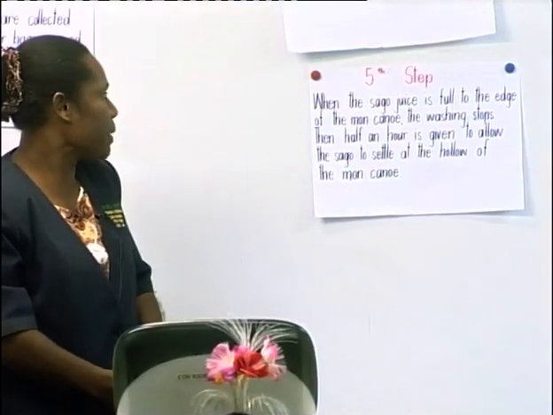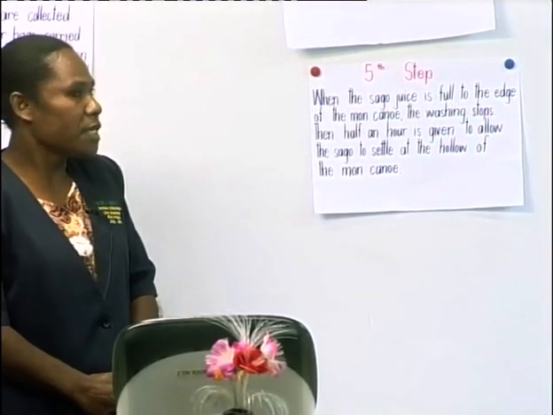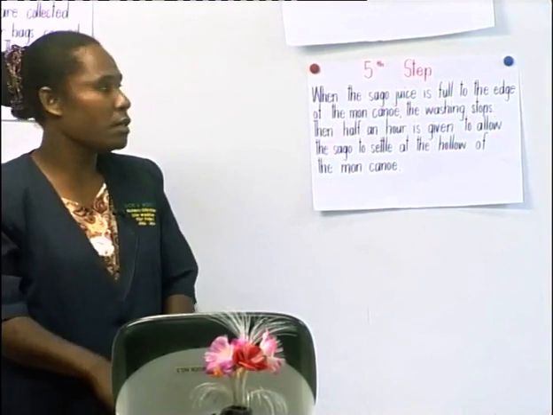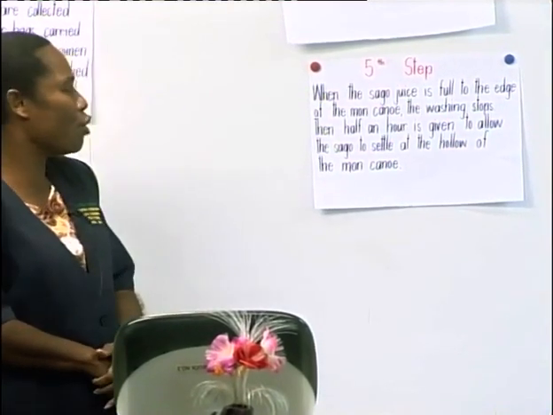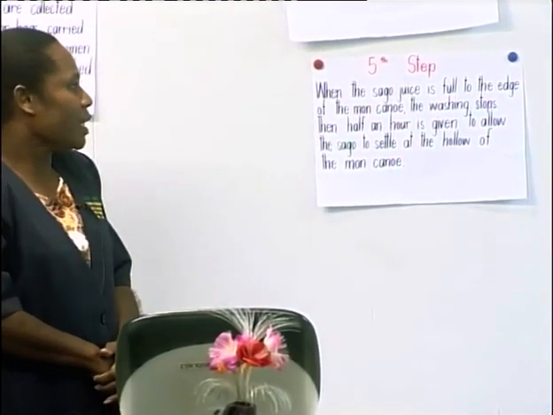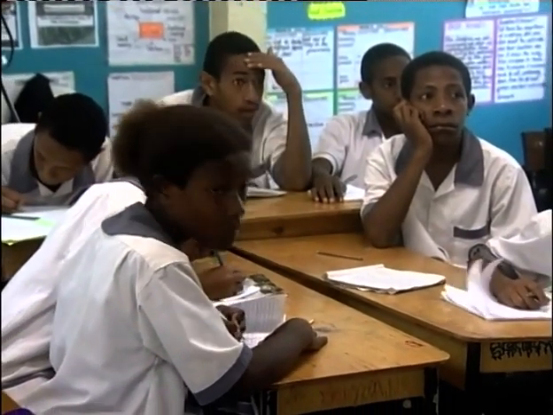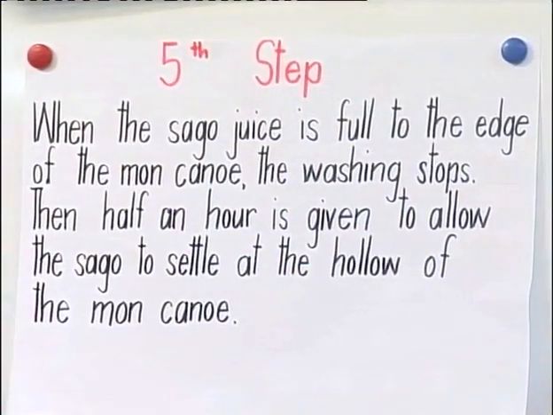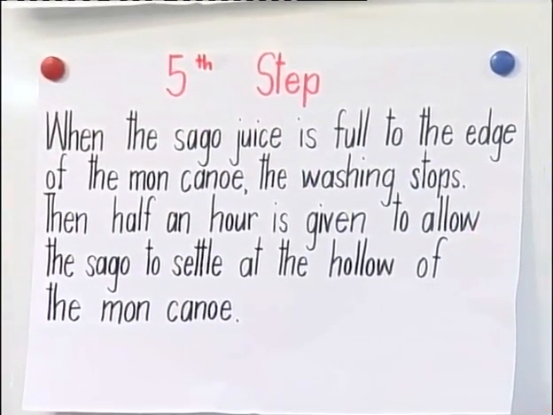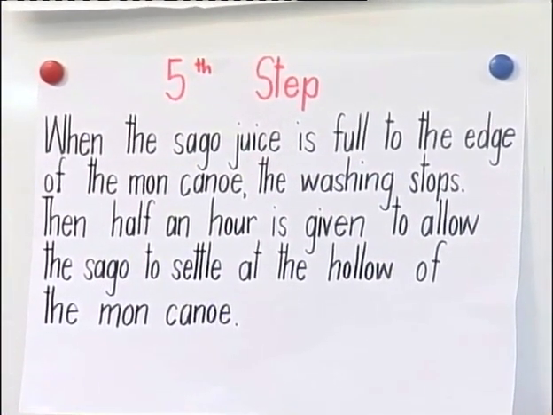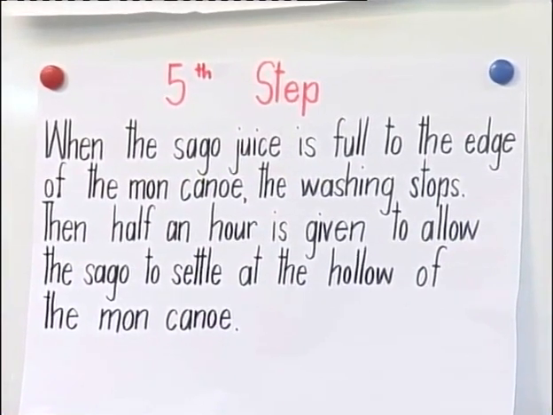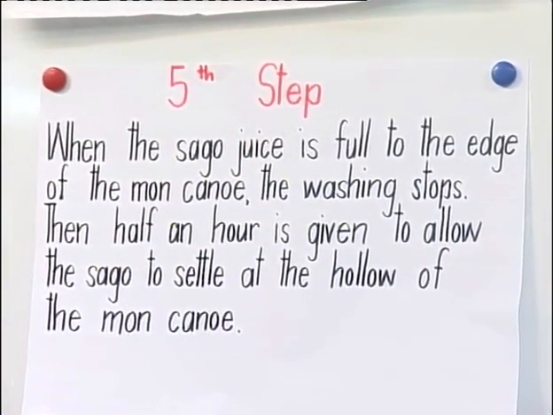Okay, our fifth step. When the sago juice is full to the edge of the moon canoe, the washing stops, because the juice pours out from the side and we cannot continue washing. So the leftover bags of sago have to be put back for the next day.